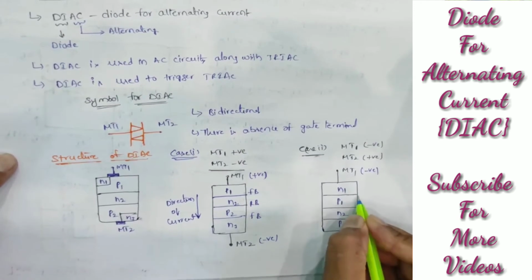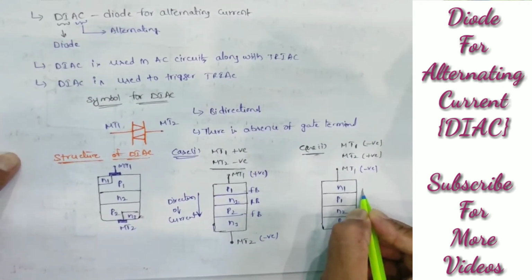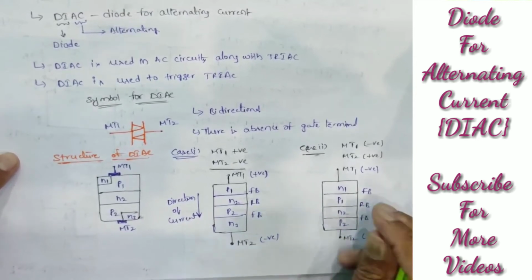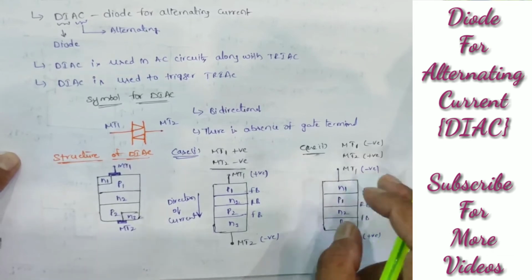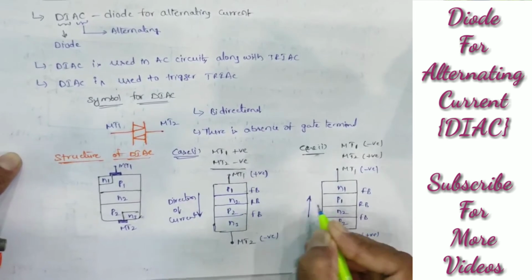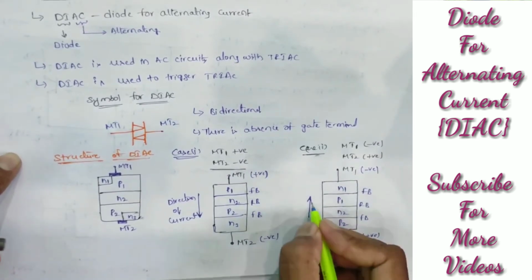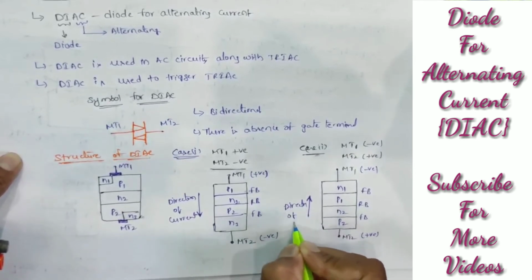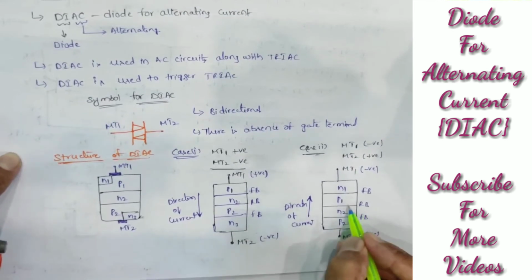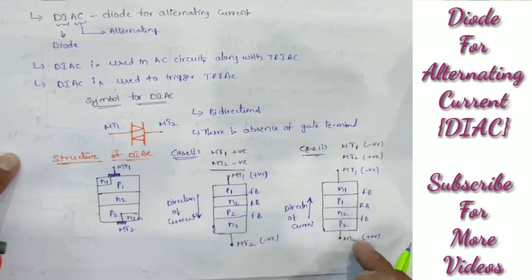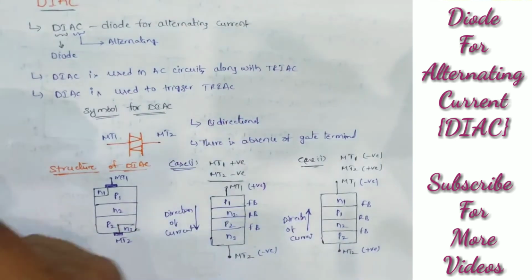In this case, this junction is in forward bias, and here also forward bias, here we will get the reverse bias. The direction of the current will be opposite to the case 1 direction, because MT1 is negative with respect to MT2. This is the direction of current. After breakdown of this P1 and N2 junction, the maximum current will flow from MT2 to MT1, not from MT1 to MT2. So let us see the characteristics next.